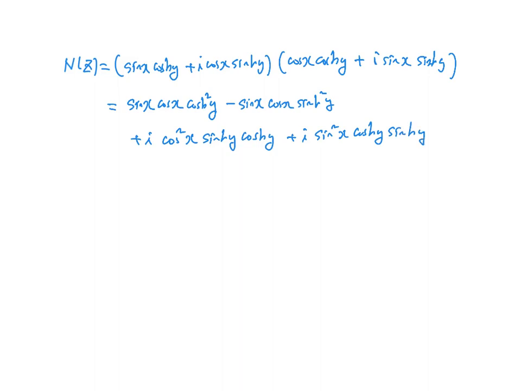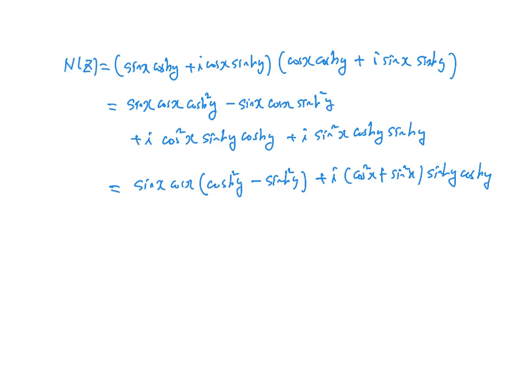Very interesting formula, right? So it turns out that it's sine x cosine hyperbolic square y minus sine hyperbolic square y plus I cosine square x plus sine square x sine hyperbolic y cosine hyperbolic y.